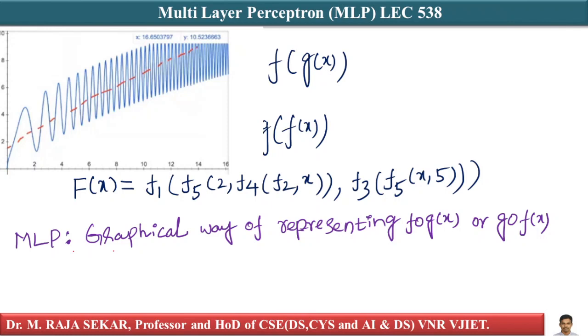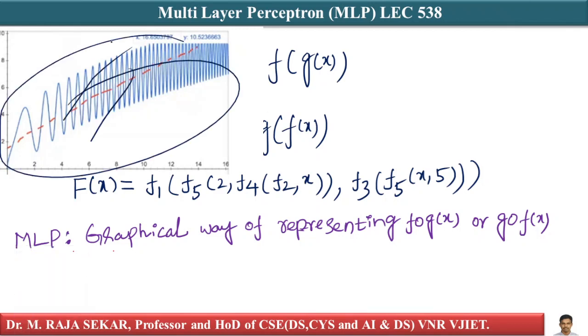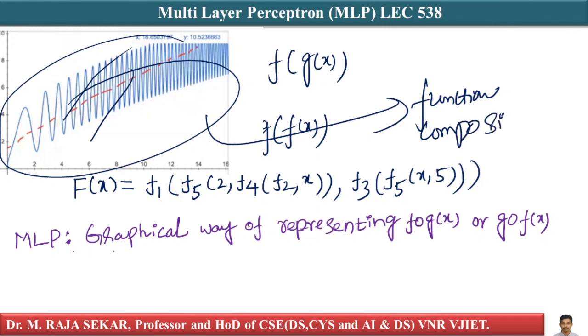We can represent very complex functions like this by using function composition. Yes, this is one of the most important ideas of the whole of neural networks and deep learning.